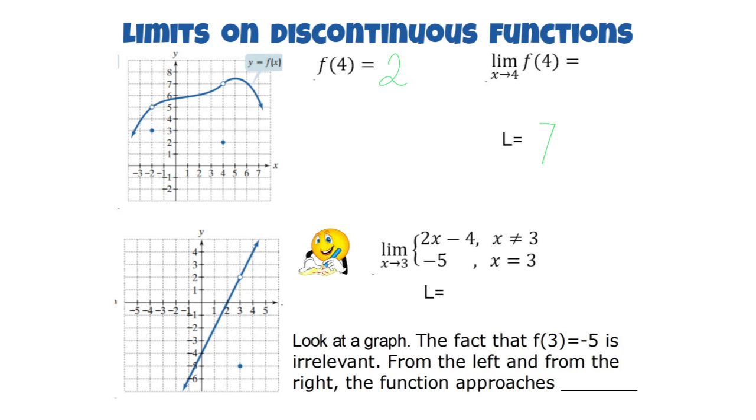This one's kind of weird because it's a line. I can see this first thing is just a linear function, so I'm going to use the linear function anytime x does not equal 3. Sometimes you'll see that with a less than or a greater than, but in this case, I'm going to look at the function when x doesn't equal 3.